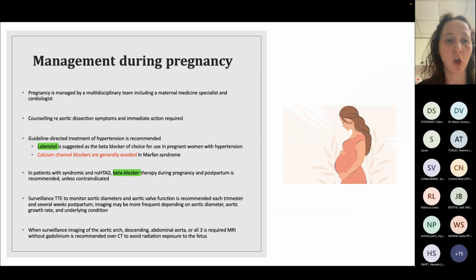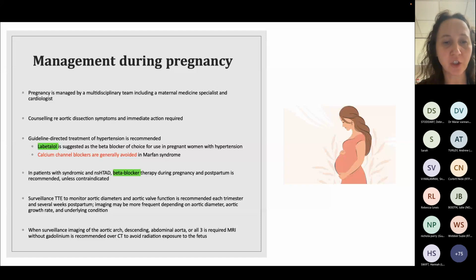These patients should be counseled to start with about what the symptoms of the aortic dissections are and what's the immediate action that is required if these symptoms occur, meaning calling 999 and saying that you have, for instance, Marfan syndrome, and it is very likely that I'm experiencing aortic dissection.